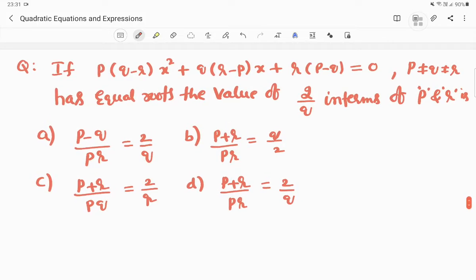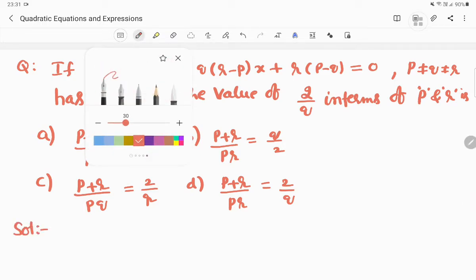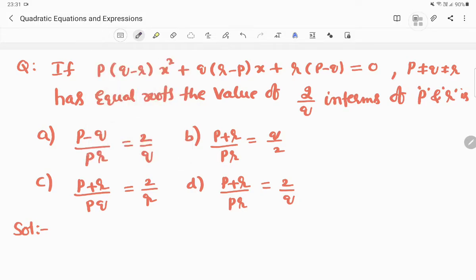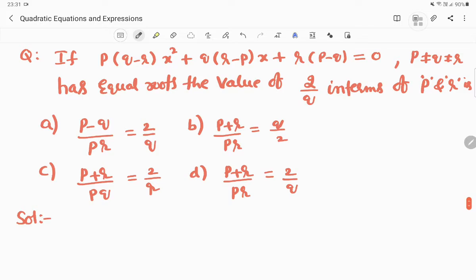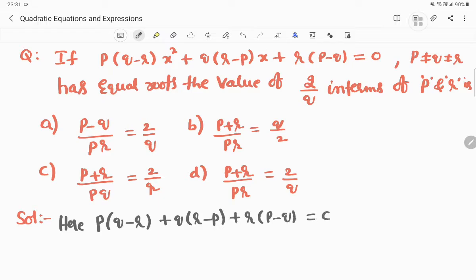Observe carefully the quadratic equation which is given. The sum of the coefficients of x square, x and constant: p into (q minus r) plus q into (r minus p) plus r into (p minus q) is equal to 0.